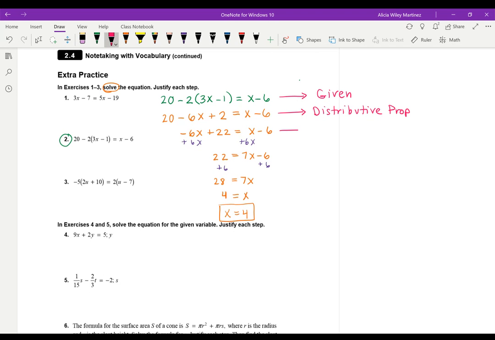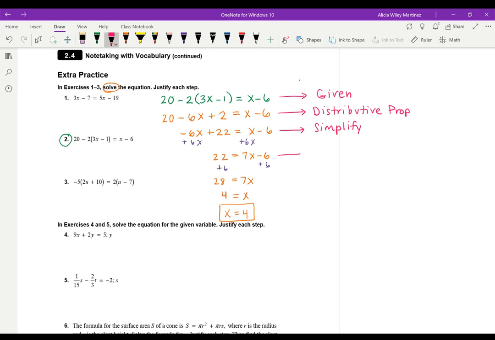Then the next thing that we did is we just combined these like terms. So that's not really a property, but it's still something that we did. So when we do things like combine like terms, we're just going to call that simplify. It's not a property. It's just adding two things or subtracting two things. That would also work for if you just multiplied some things together. You really need to think about the word simplify.